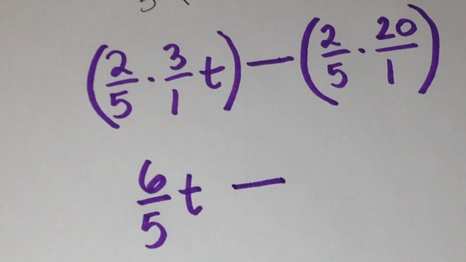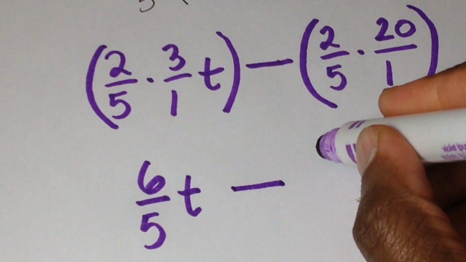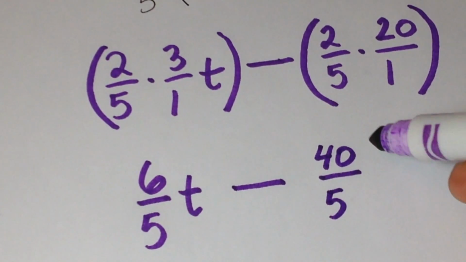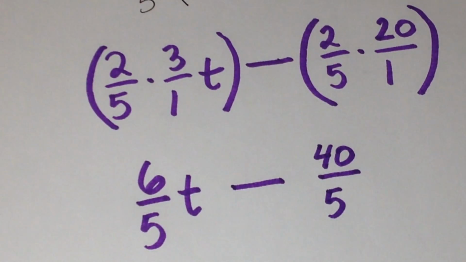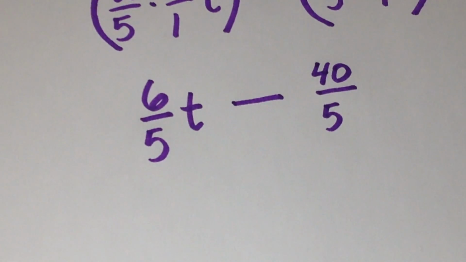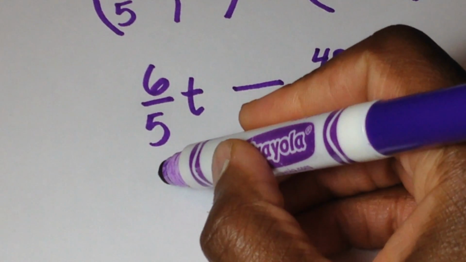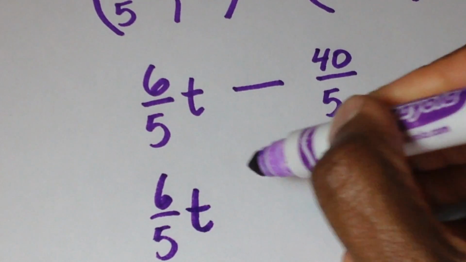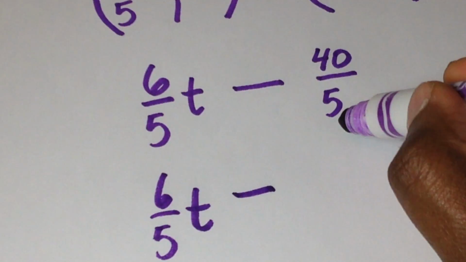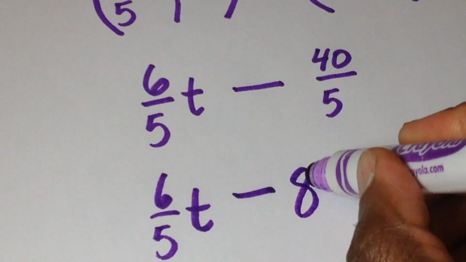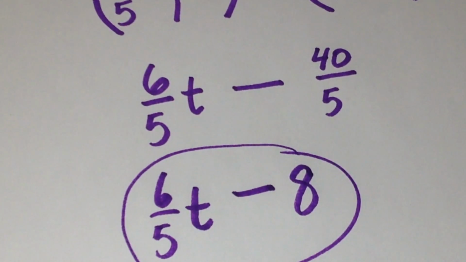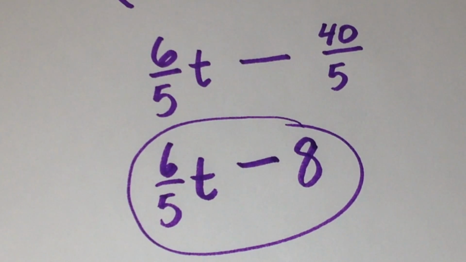And we have 2 times 20 is 40, and 5 times 1 is 5. Now this one can be simplified because we know 40 divided by 5 is going to give me 8. So I can leave this one as 6 over 5, t, and minus 40 divided by 5, which gives me 8. And there you go. You have 6 over 5 t minus 8.